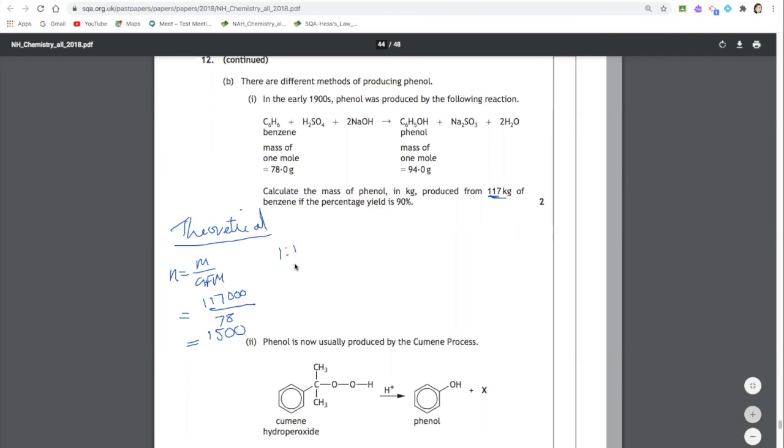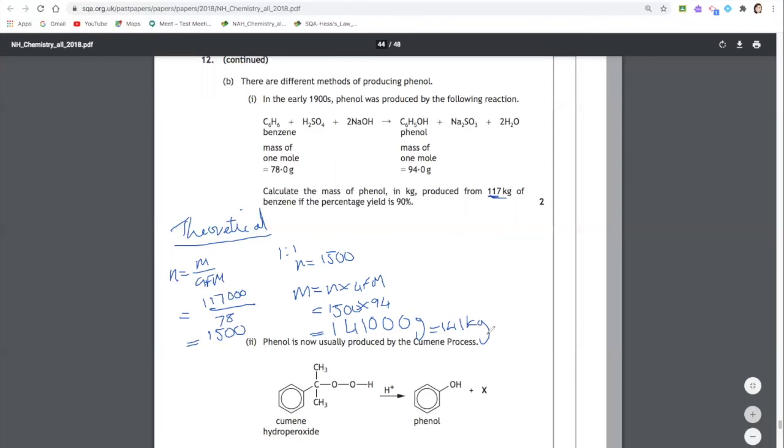So that means that the mass we could make would be n times GFM. So that would be 1,500 times 94, which is 141,000 grams.